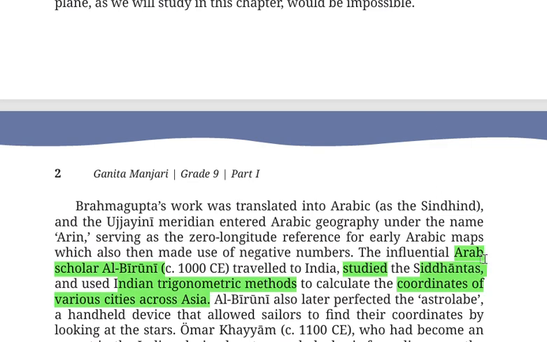Then the influential Arab scholar Al-Biruni traveled to India and studied the Siddhantas and used Indian trigonometric methods to calculate the coordinates of various cities across Asia. Al-Biruni also later perfected the astrolabe, a handheld device that allowed sailors to find their coordinates by looking at the stars.